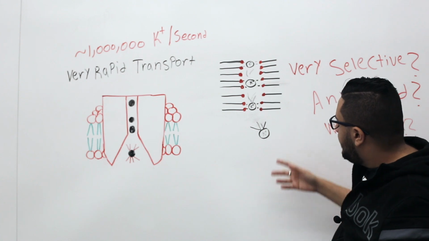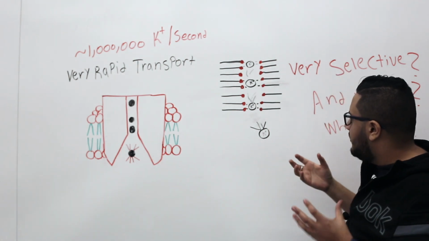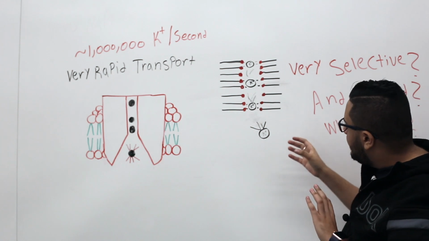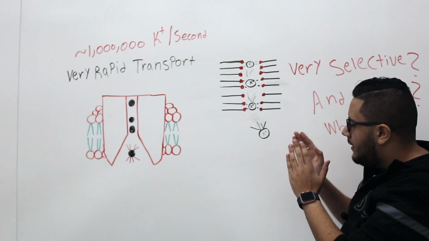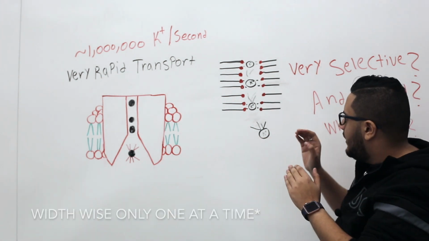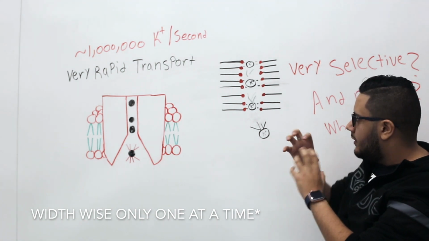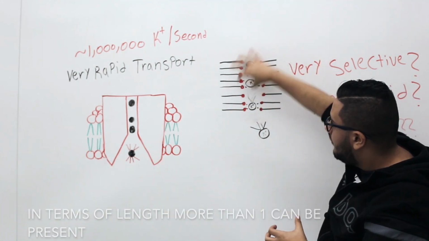The driving force is simply repulsion between potassium ions. They're all positively charged. And the structure of this channel allows that in the selective region, only one potassium ion can be present at once. So it's a very narrow region.